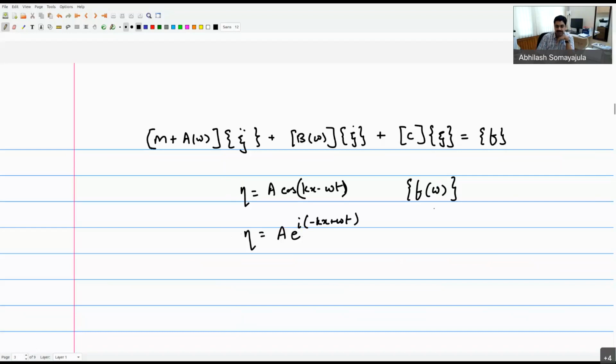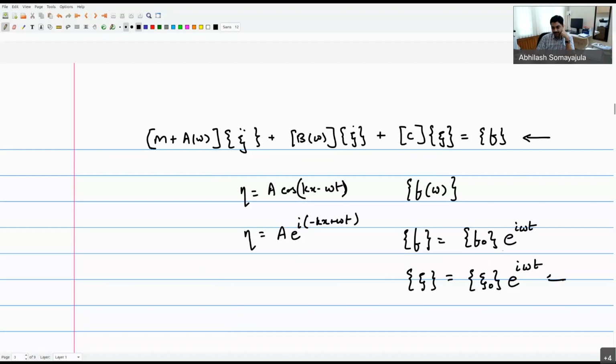So my F vector is nothing but some F naught amplitude times e to the power i omega t. I'll get that e to the power i omega t variation in it. So since this equation is linear, I can assume that the displacements also have some amplitude times e to the power i omega t as a possible solution of that differential equation. Yes? Yes, sir.